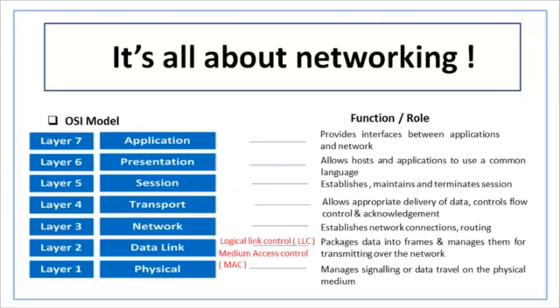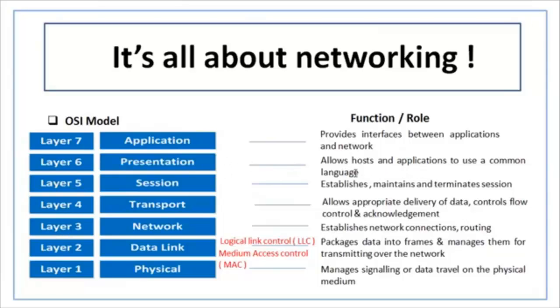All right, so as I already explained, in the OSI model you have the 7 layers, and these are the roles of each layer. The application layer provides the user interface. This is the one layer which talks to the network through the layers below. The presentation layer uses a common language.